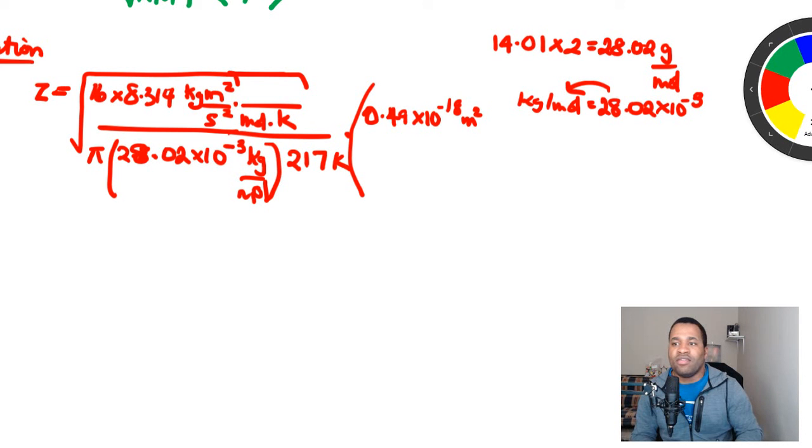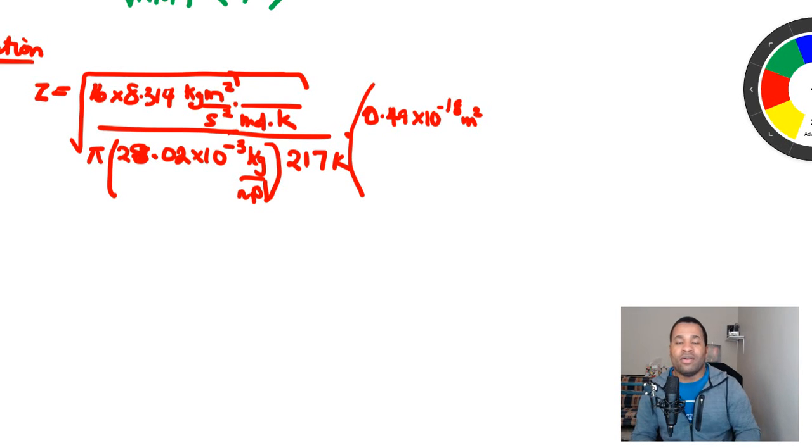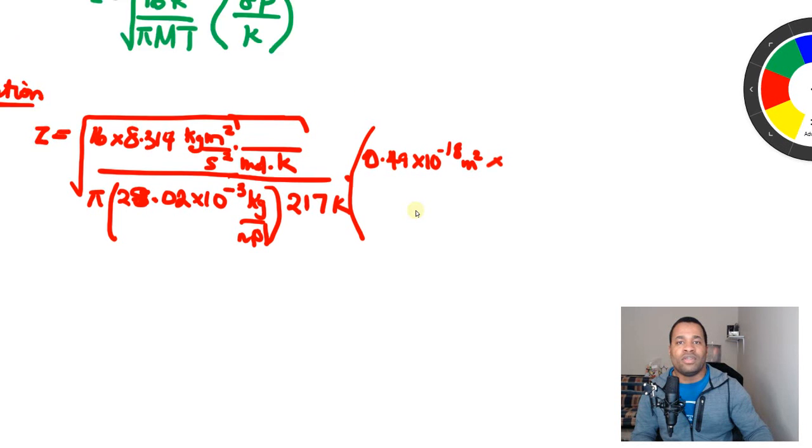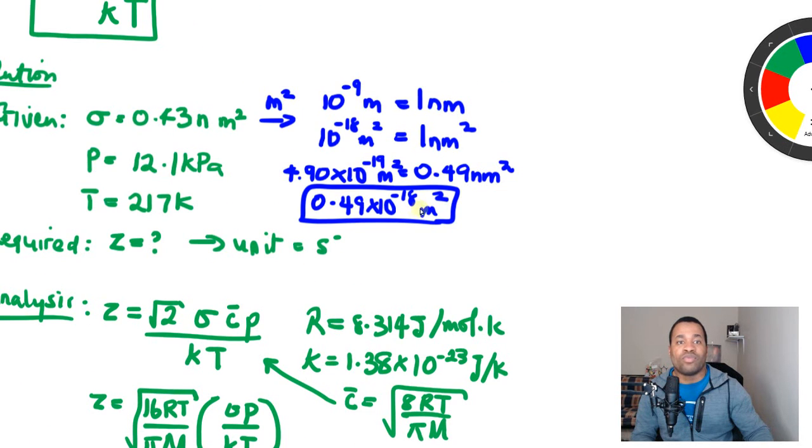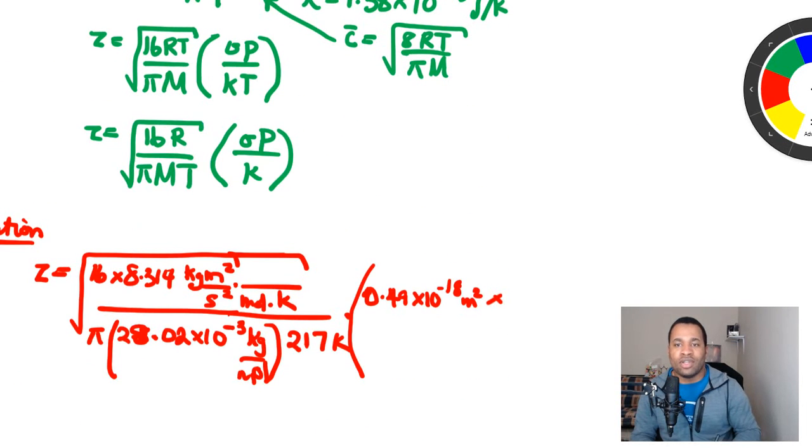Take note that this is going to be multiplied by our specific variable, which is the pressure, and the pressure that is given is measured in kilopascals. Kilopascals means that you're multiplying by 10 to the 3. Therefore, our pressure, which is given as 12.1, is going to look like this: 12.1 times 10 to the 3 pascals.